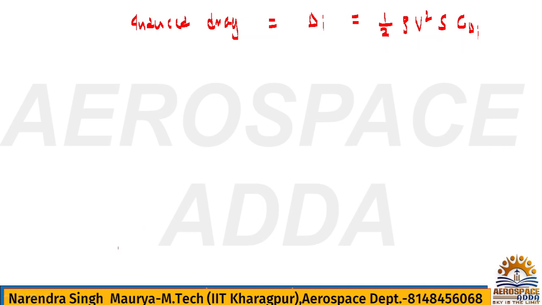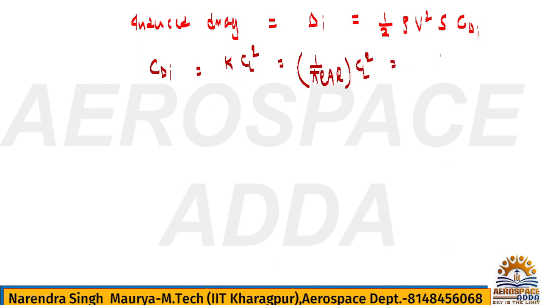So you know what the induced drag coefficient CDi is. CDi is nothing but K CL squared, and this K is nothing but 1 upon pi e AR. Each and everything you know, like what is AR? AR is obviously aspect ratio.